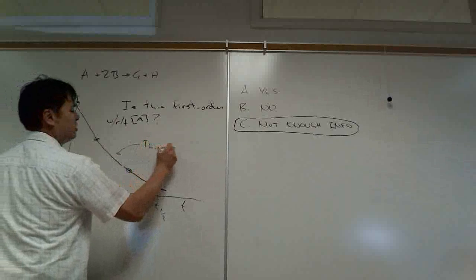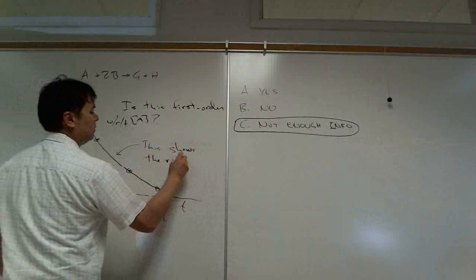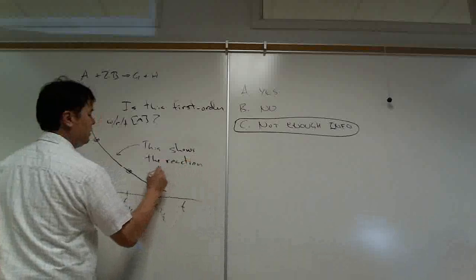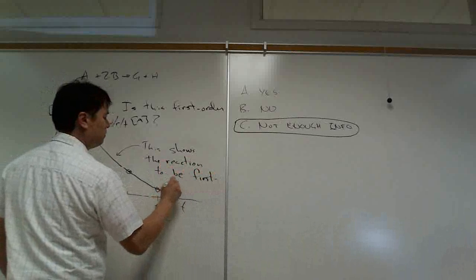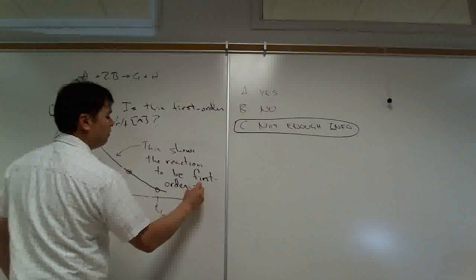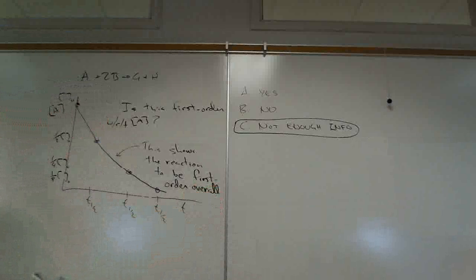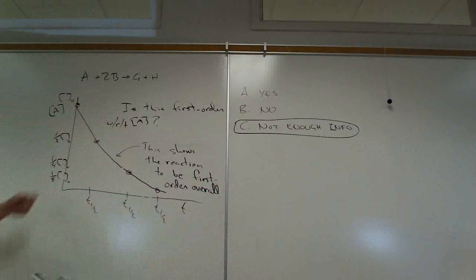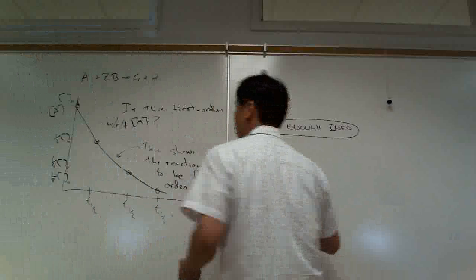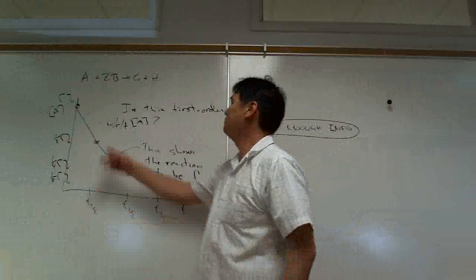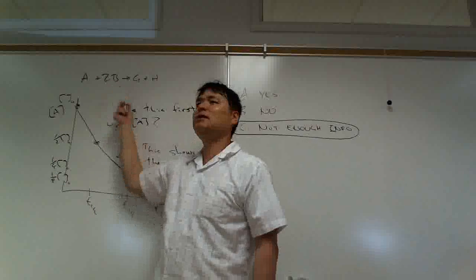This shows the reaction to be first order overall. And so when we have multiple reactants, it complicates things. Because what can happen is it could be, let's say, first order in A and 0 order in B. Then this would be true.